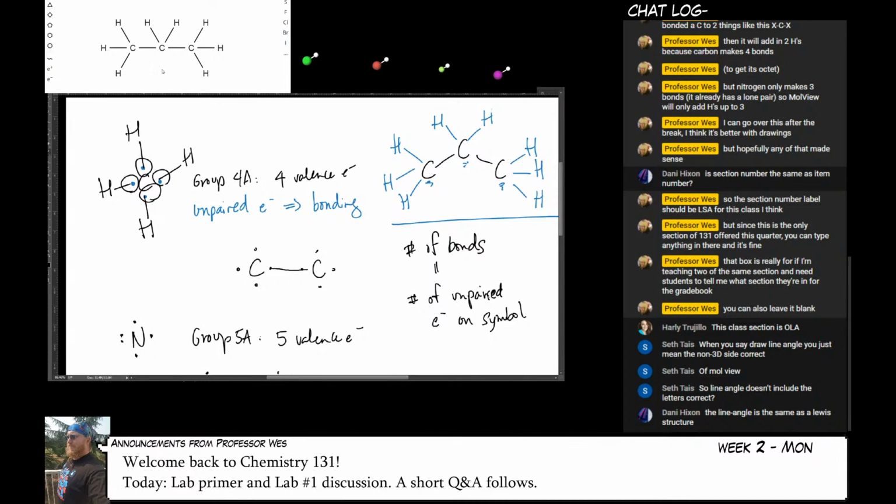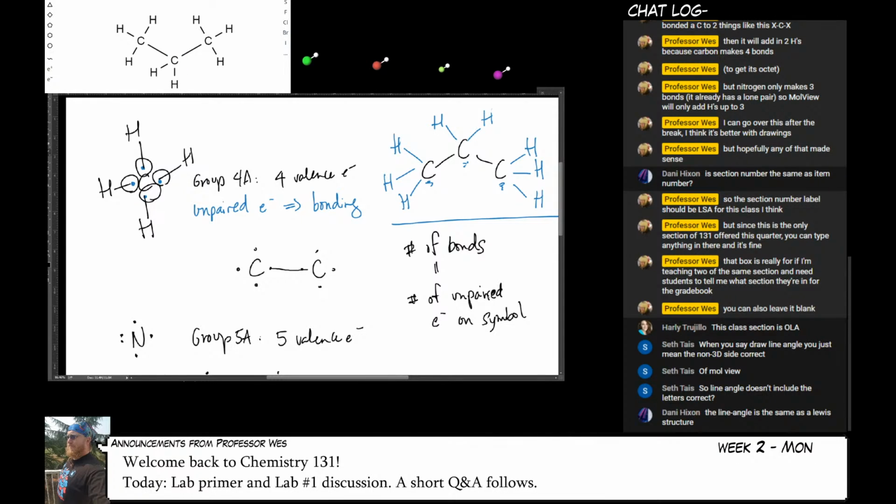So this would be a Lewis structure. It's not drawn very well. If you push tidy up, it'll draw it better. This is still a Lewis structure. Then if I go like this, this is the line angle structure. So line angle does not have carbons in it. It does not have hydrogens in it. So line angle, it just has lines and angles.